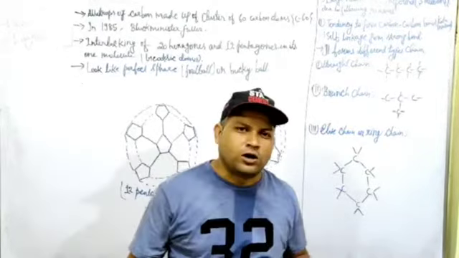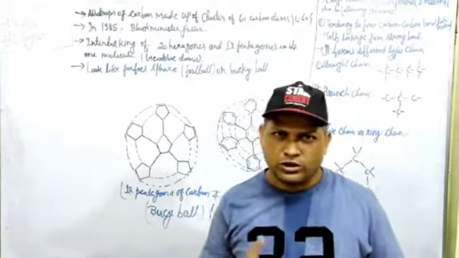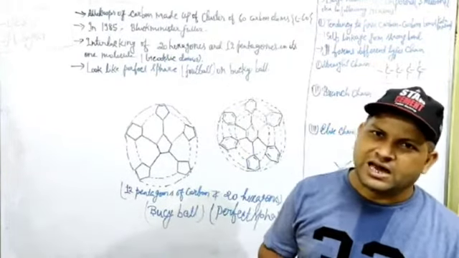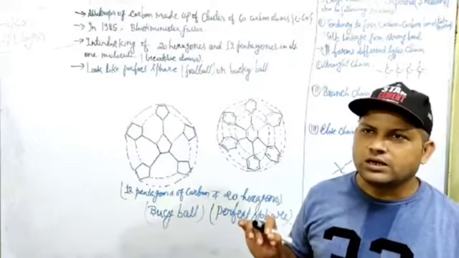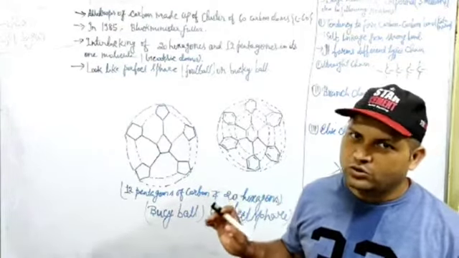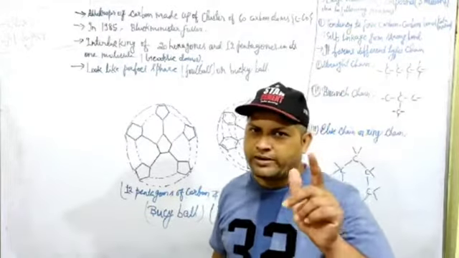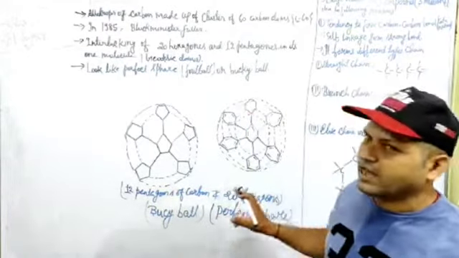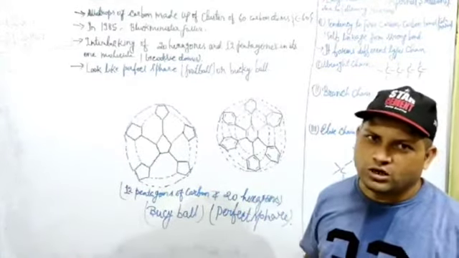One fullerene molecule contains 60 carbon atoms, formed by 20 hexagons and 12 pentagons. So you have to remember this buckyball looks like a perfect sphere or simply like a football.